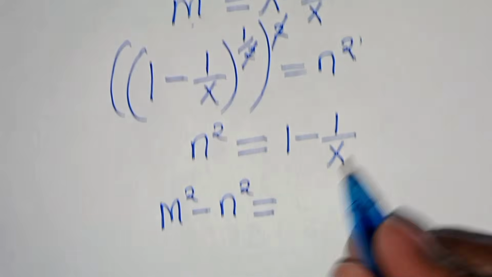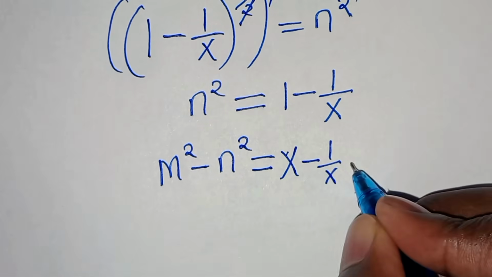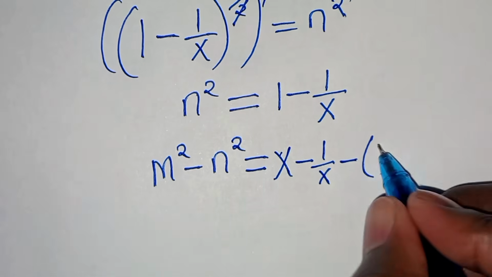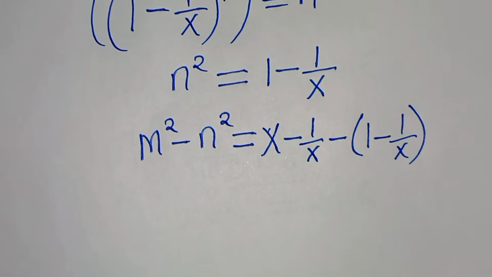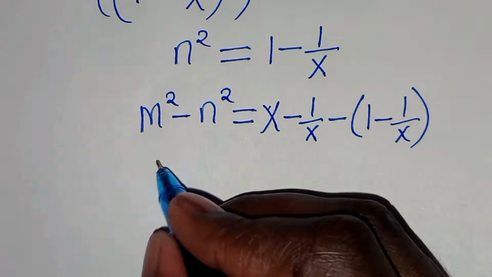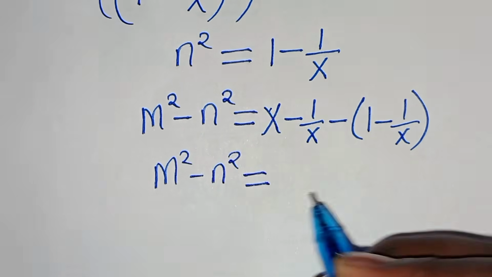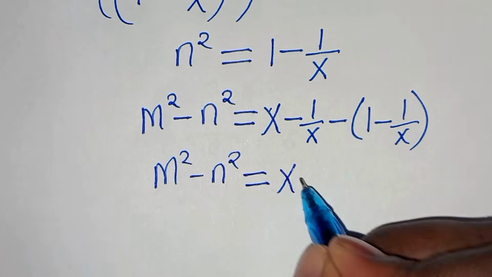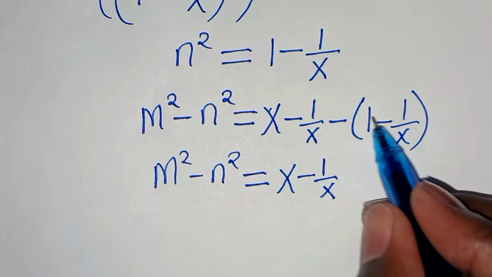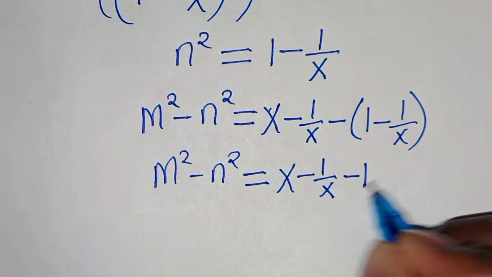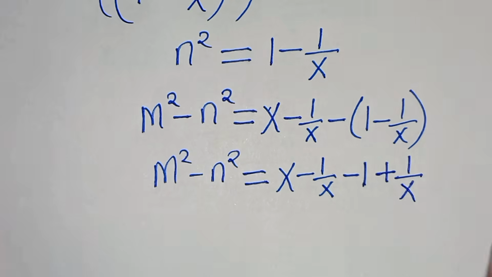Now this means that m squared minus n squared is equal to x minus 1 over x, subtract 1 minus 1 over x. Let's open the parenthesis here. Minus times minus 1 is minus 1. Minus times minus 1 over x is plus 1 over x.